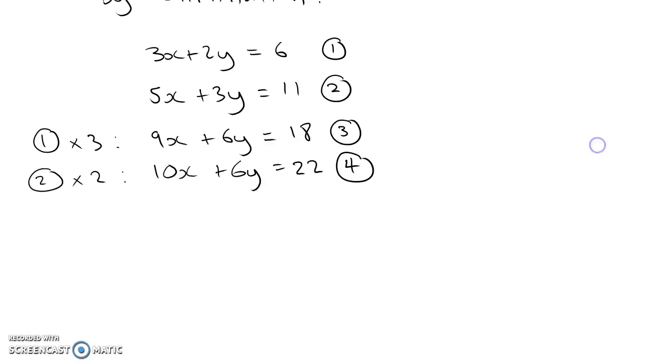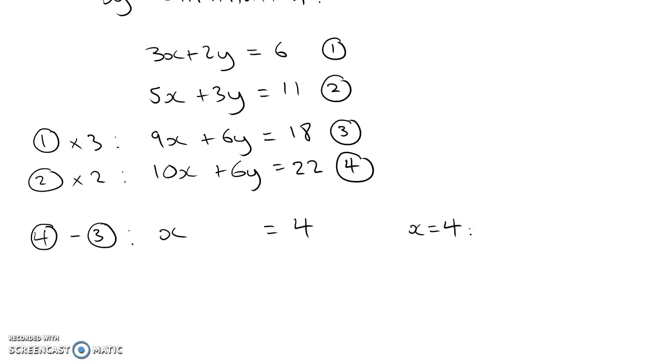So if we subtract equation 3 from equation 4, we will get 10x minus 9x will give us x. 6y minus 6y will give us nothing, so they cancel out, and we'll get 22 minus 18 equals 4. So there we've got our x equals 4.